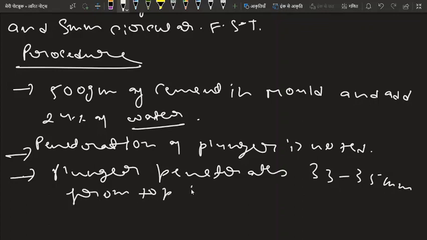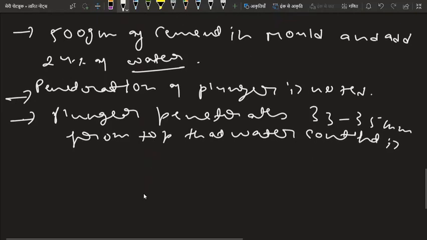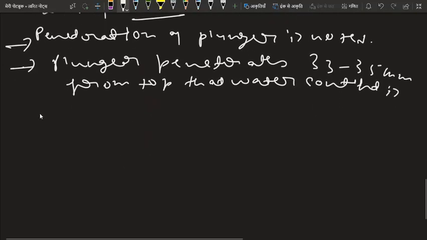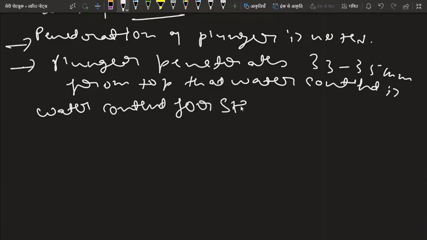That water content is the water content for standard consistency. This is all about the standard consistency test.